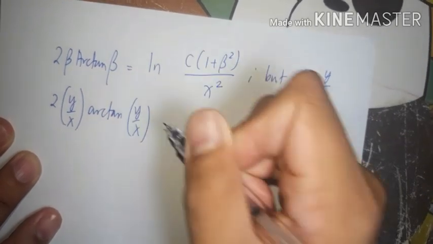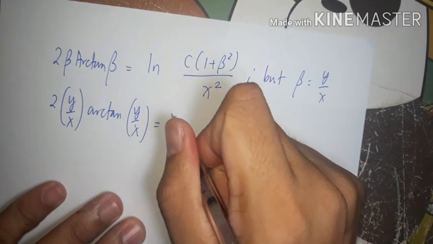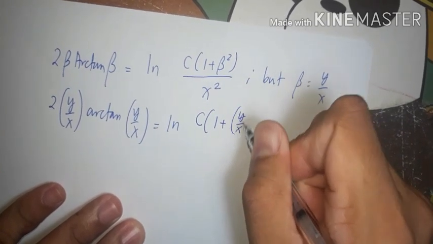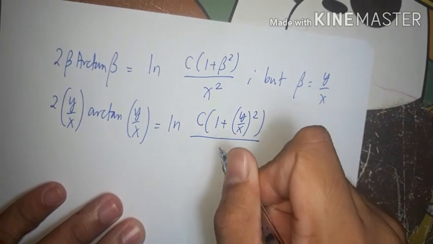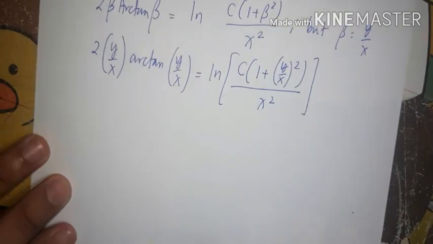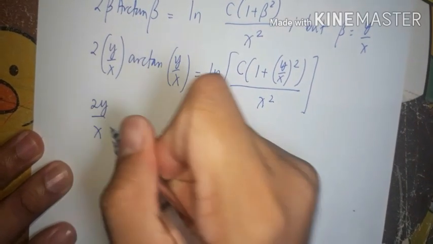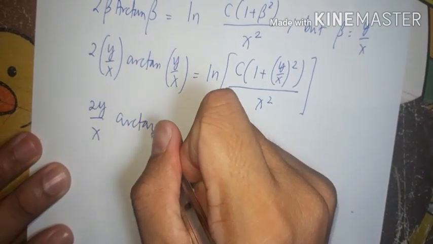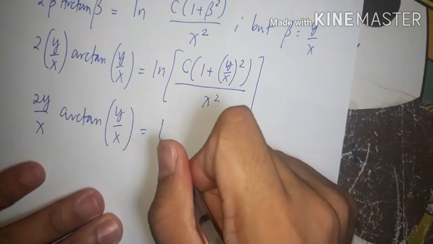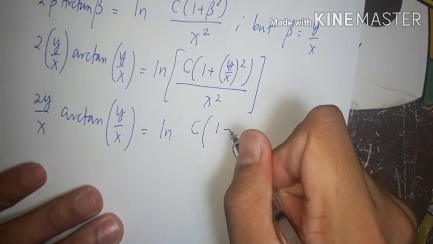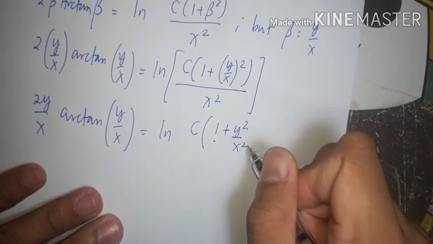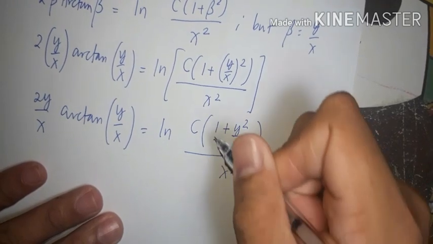arctangent y over x is equal to ln c times 1 plus y over x squared over x squared. So this now gives you 2y over x arctangent y over x is equal to ln c times 1 plus y squared over x squared all over x squared.